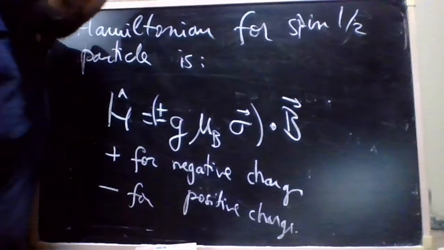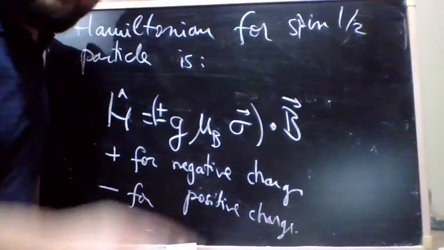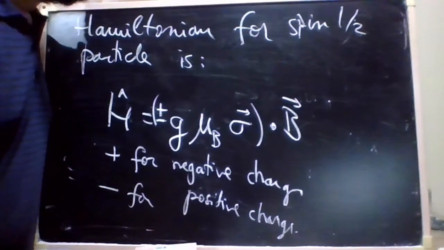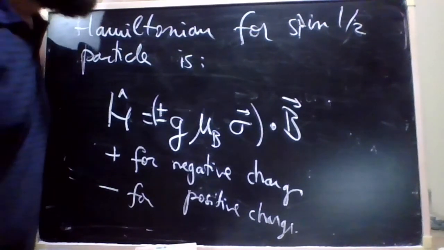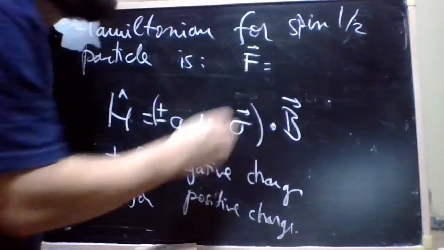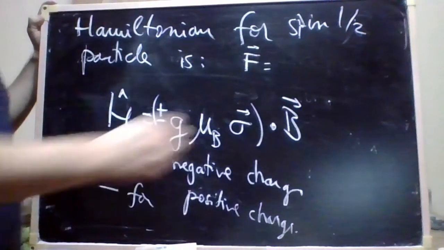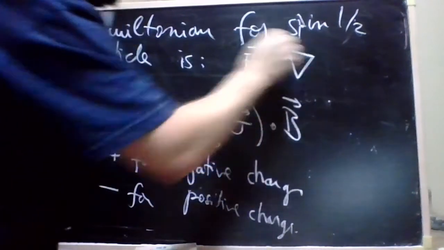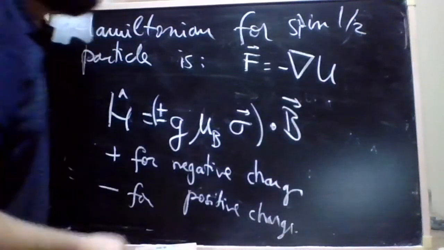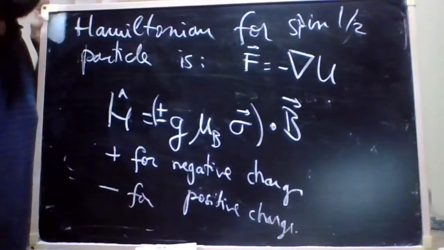Forces, which are the origin of the ideas behind the Stern-Gerlach experiments, emerge as a result of gradients of potential energies, the negative of potential energies. You can see that from classical mechanics.